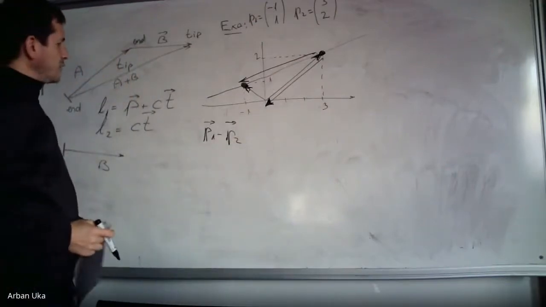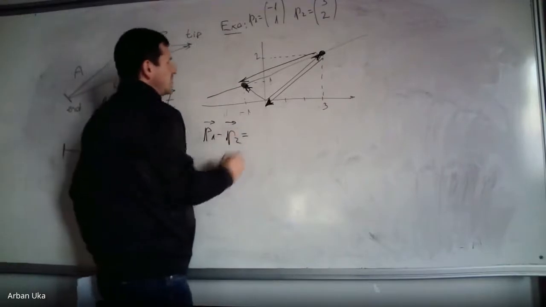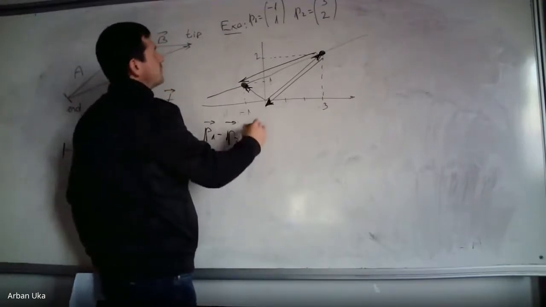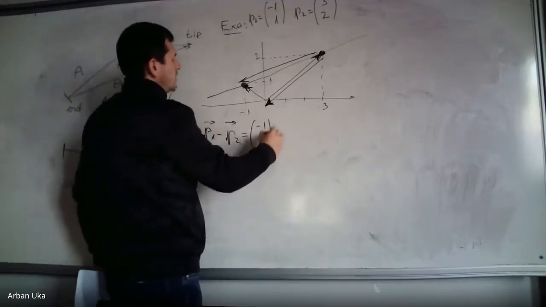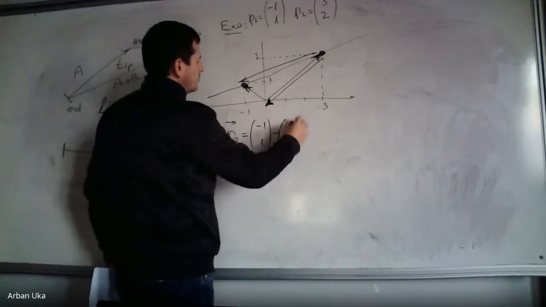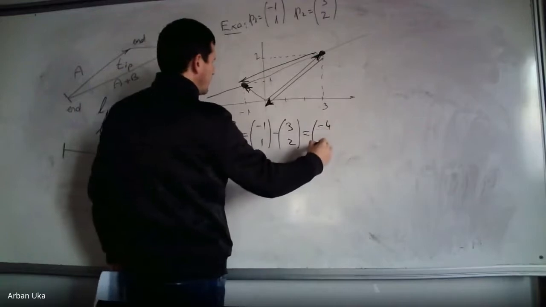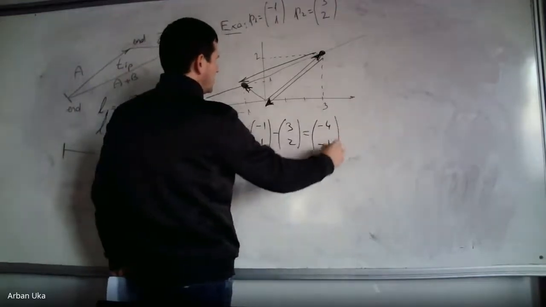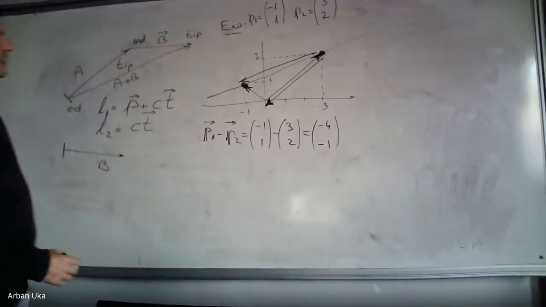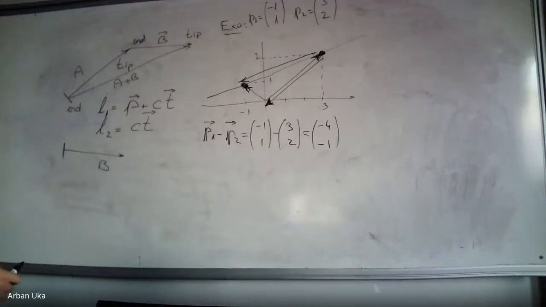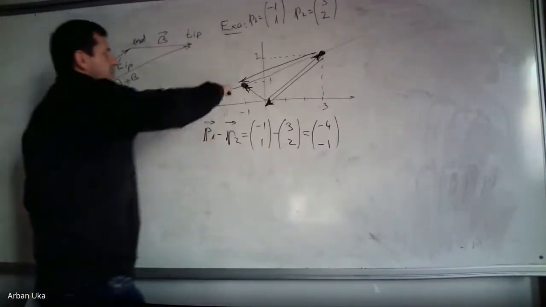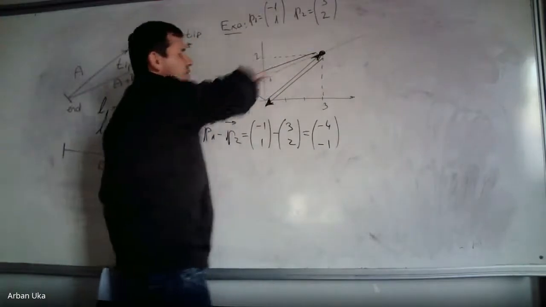Okay, so if we do this, let's see what we get. P1 is -1, 1, minus 3, 2, and what is this equal to? -4, -1. Okay? So this is a vector which points along this direction.